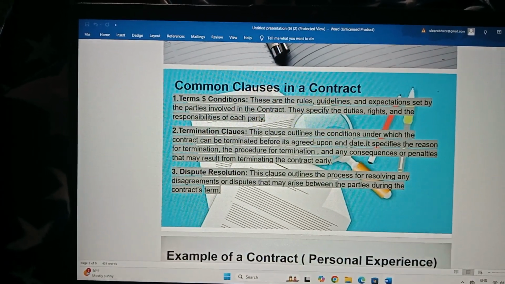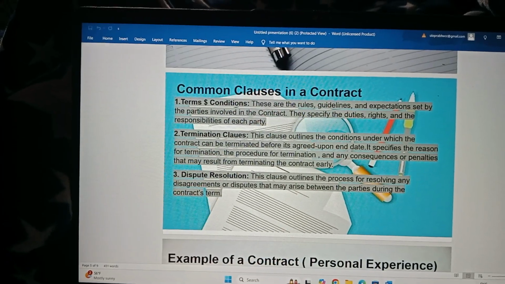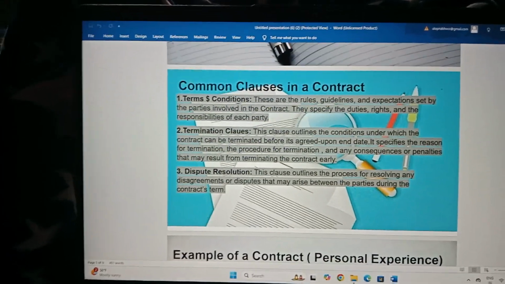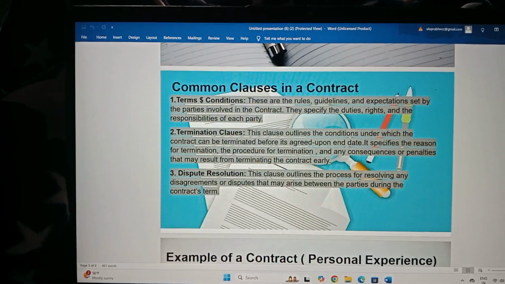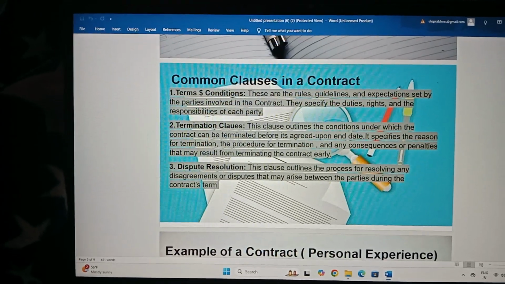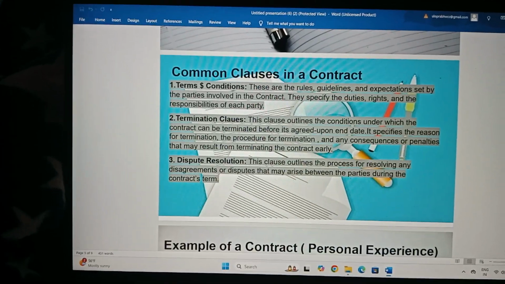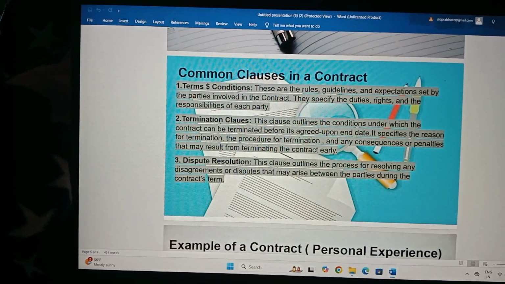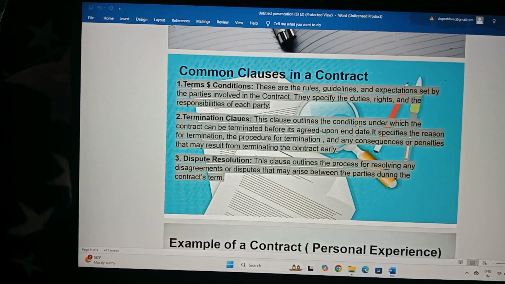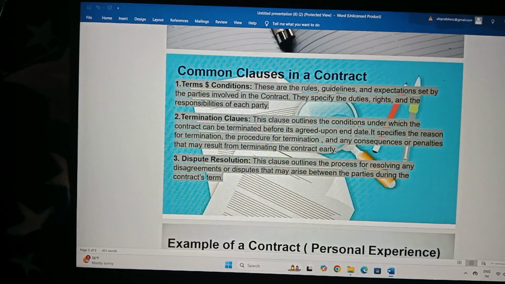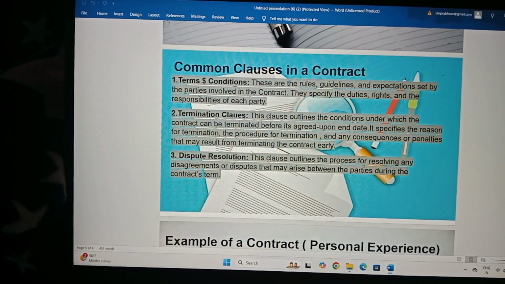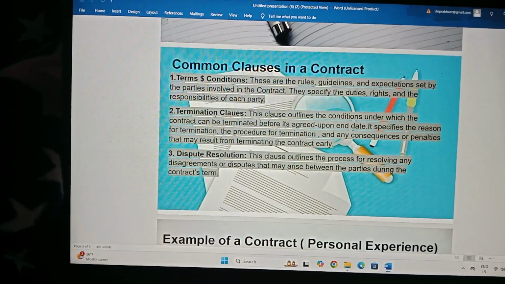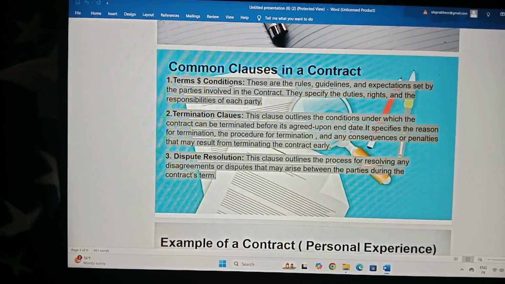And the second point is termination clauses. The clause outlines the conditions under which the contract can be terminated before its agreed upon end date. And the third point is dispute resolution. This clause outlines the process for resolving any disagreements or disputes that may arise between the parties during the contract's term.